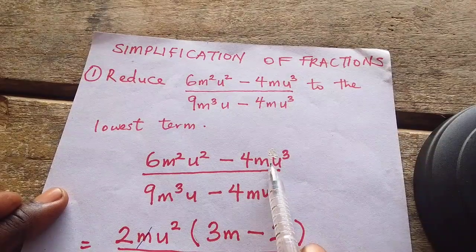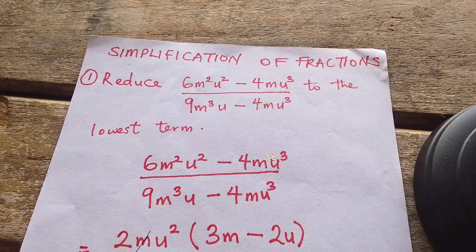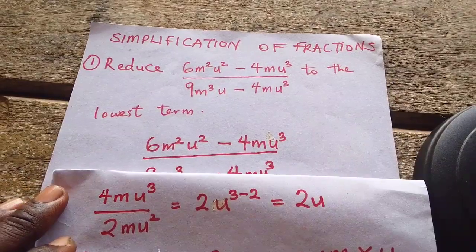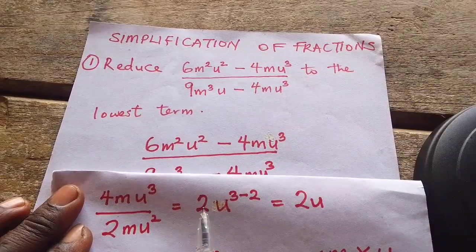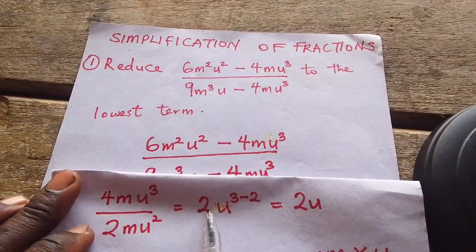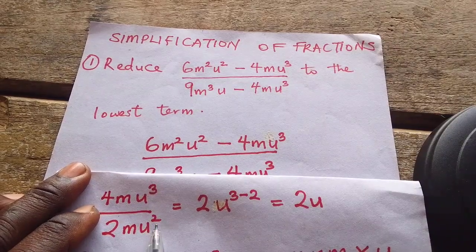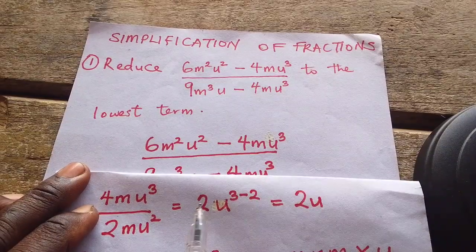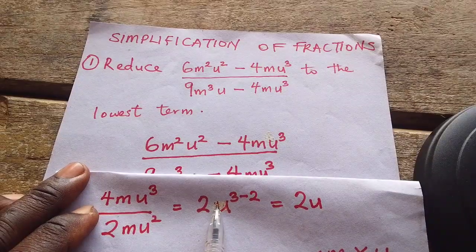Likewise, divide 4mu³ by 2mu². 4 divided by 2 gives us 2. m divided by m cancels, so we have u³ divided by u². In division, you subtract the powers, 3 minus 2, which is 1, the same thing as u.